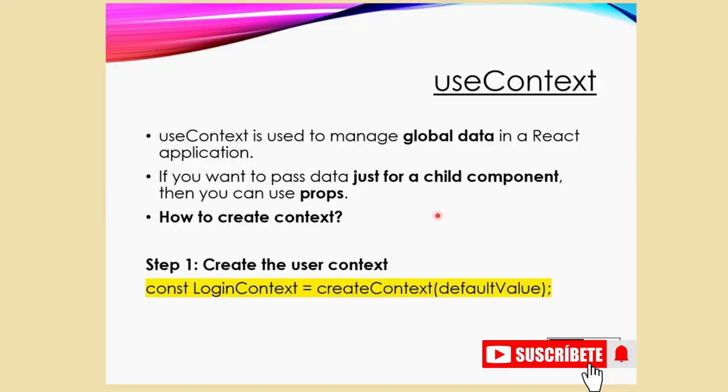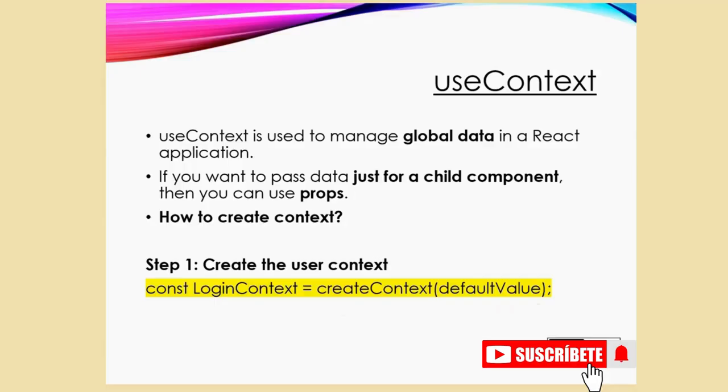Otherwise, if we want to avoid prop drilling, then use context. How to create a context? Step number one, create the context. How to create: const LoginContext equals createContext with a default value, okay?